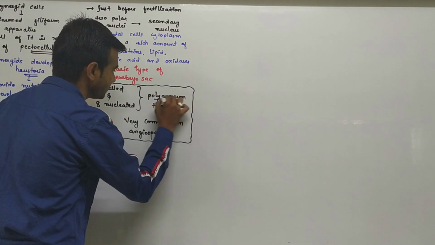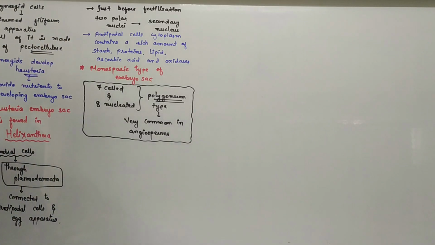This is known as the polygonum type embryo sac. The 7-celled, 8-nucleated embryo sac is known as polygonum type, and it is very common in angiosperm plants. So this polygonum type is the important one.